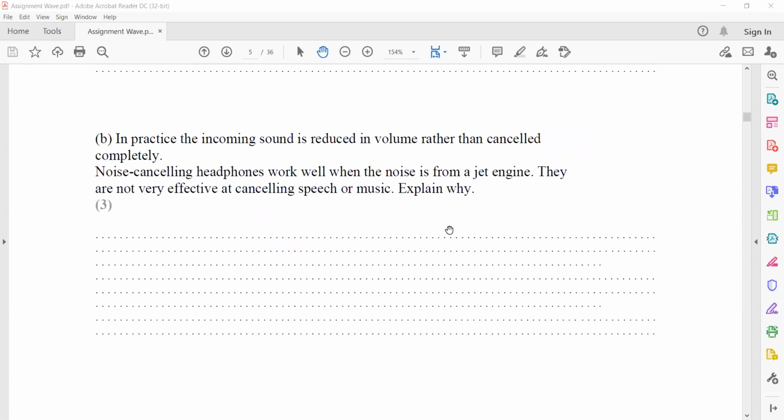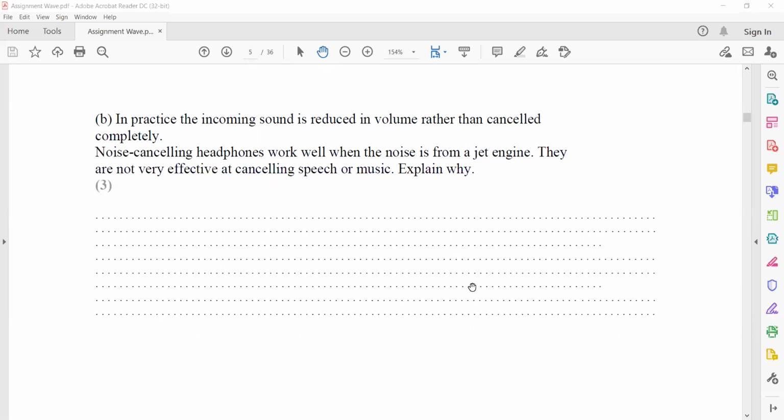In practice, the incoming sound is reduced in volume rather than cancelled completely. Noise cancellation headphones work well when the noise is from a jet engine. They are not very effective at cancelling speech or music. Why is this? Because the sound coming from the engine is actually a continuous sound with a constant frequency.